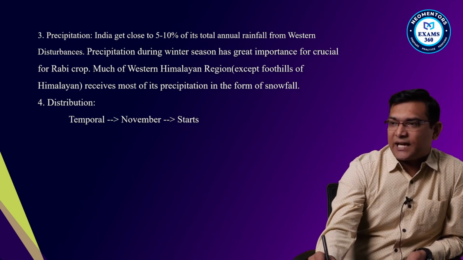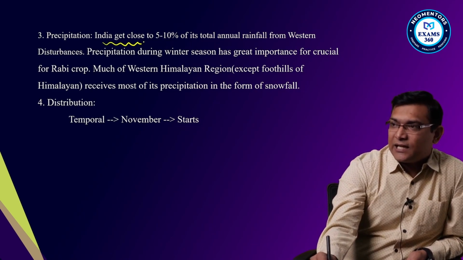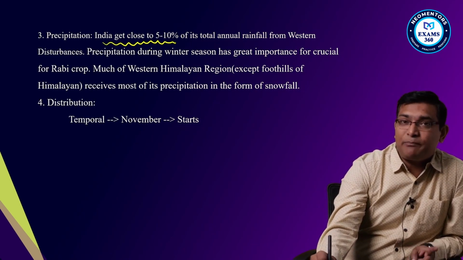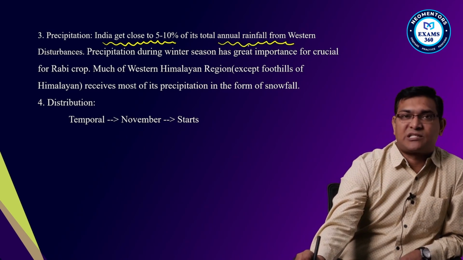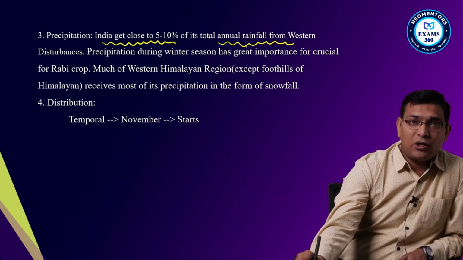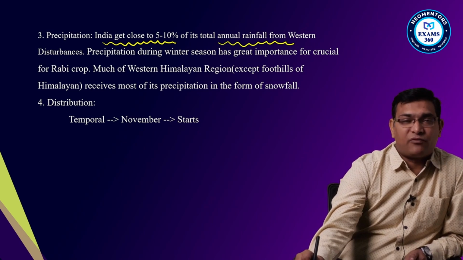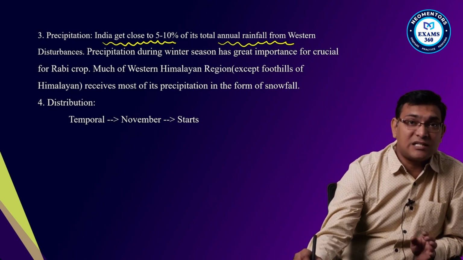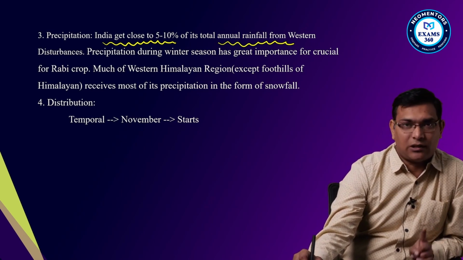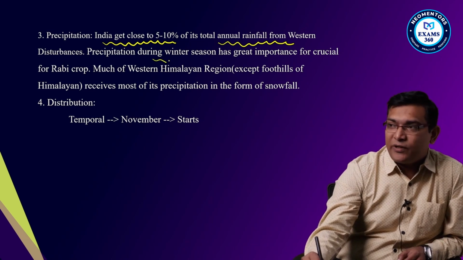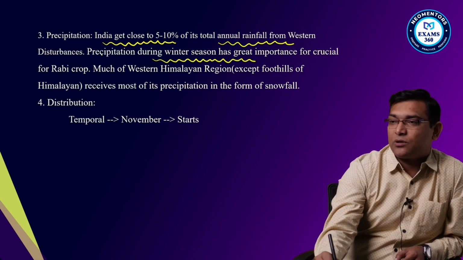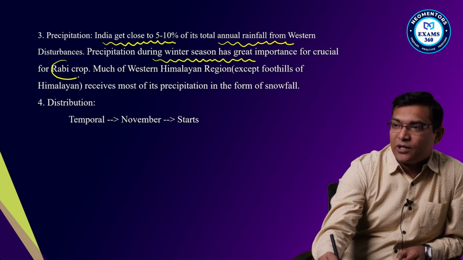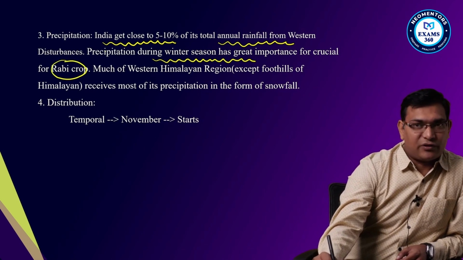India gets close to 5 to 10% of its annual rainfall from western disturbances. అంటే 100లో 5 నుంచి 10% వరకు వర్షాలు మనకు వెస్టర్న్ డిస్టర్బెన్సెస్ ద్వారా పడతాయి. ఎక్కడ? నార్త్ ఇండియాలో. Precipitation during the winter season is crucially important from the rabi crop point of view.